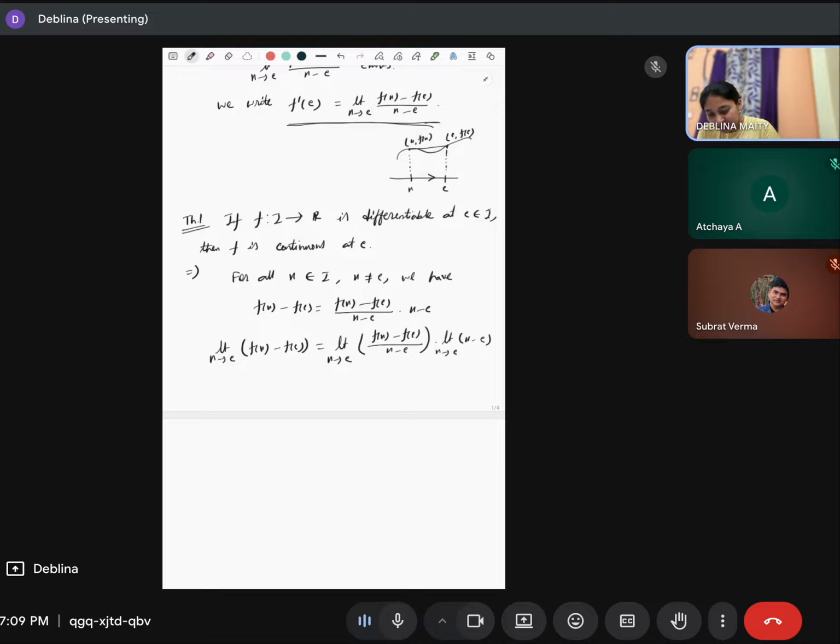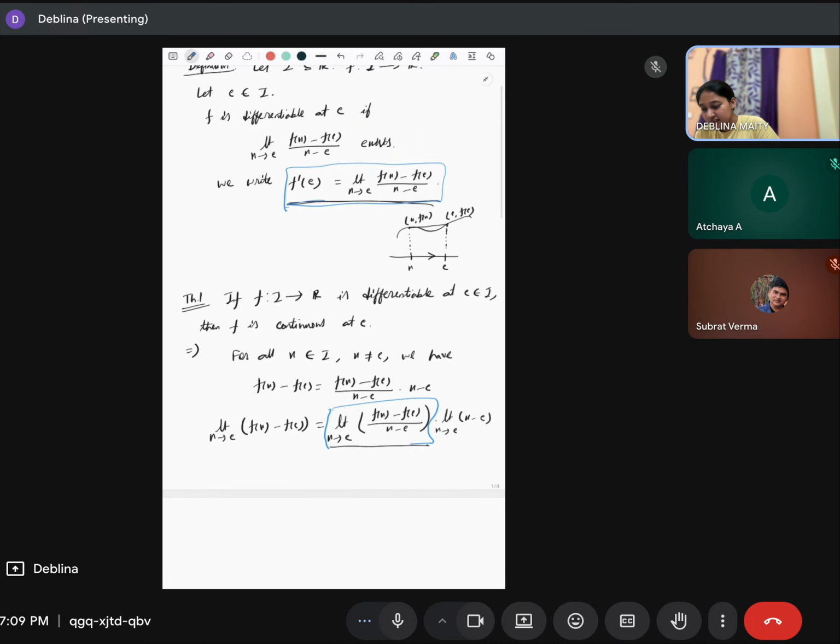The first limit exists, and it is nothing but f dash c, since f is differentiable at the point c.